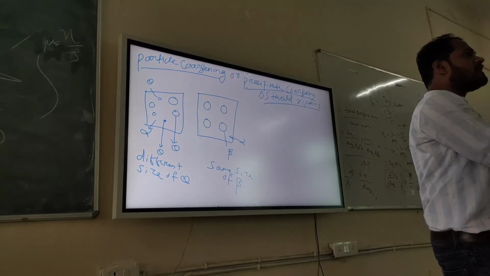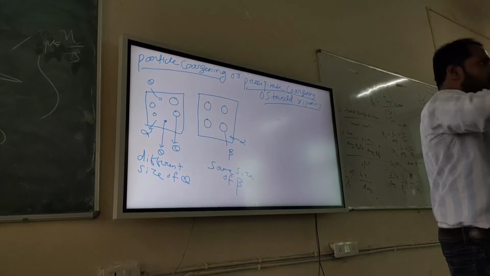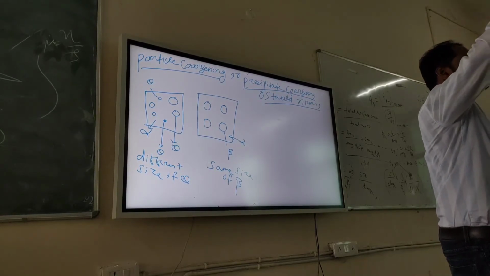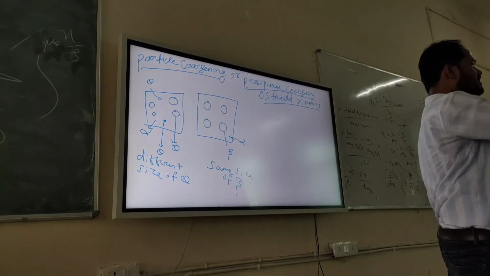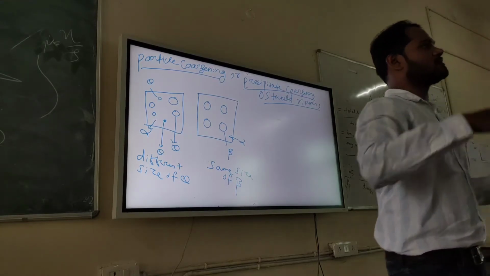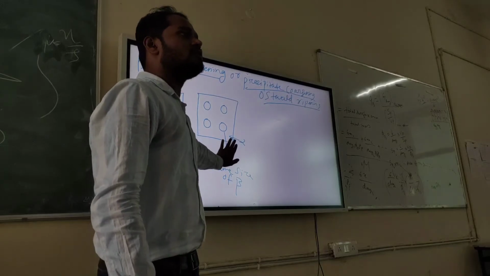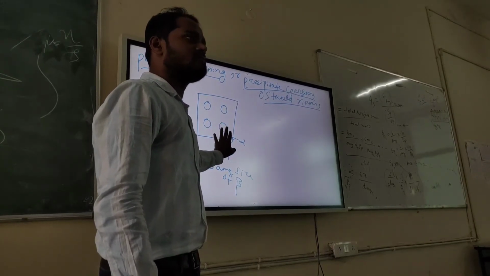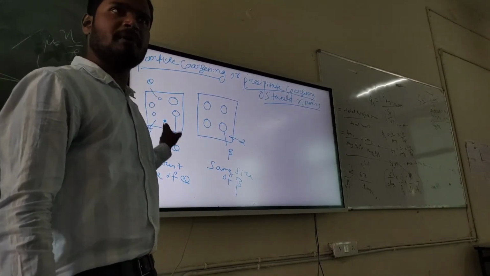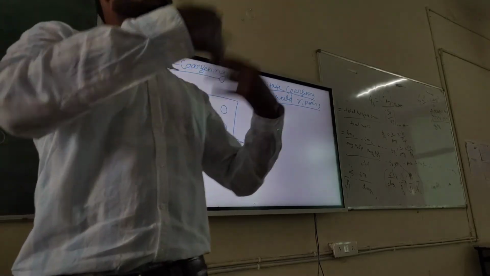That means nucleation has happened, then growth has happened. Growth will happen by a diffusion mechanism. Because you are raising the temperature, diffusion will be faster. The particle will become coarser and coarser. So in this situation, precipitation partitioning will not happen because all are of the same size. But in this situation, it will happen: smaller particles will disappear, and bigger particles will grow bigger and bigger.